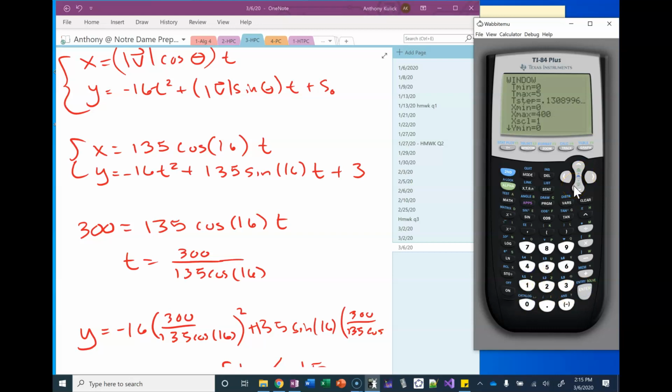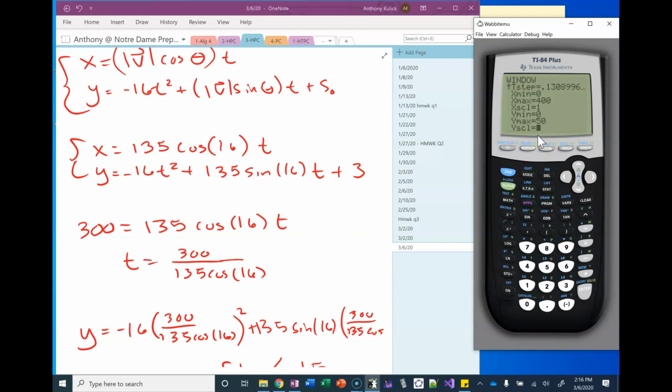I'll pick, say, 400. Sound good? For y, how high up in the air do you think this baseball is going to go? Just guesstimate. 200 feet up? I think you guys are crazy. I'm picking 50. The x max was 400. That's what I picked.